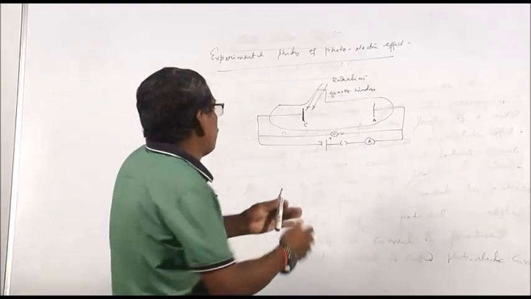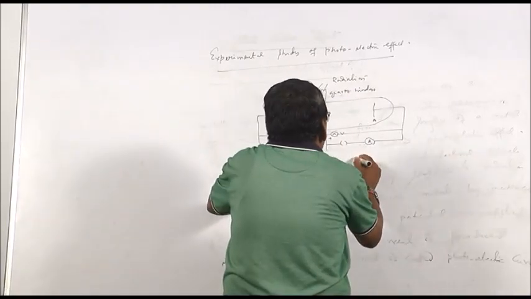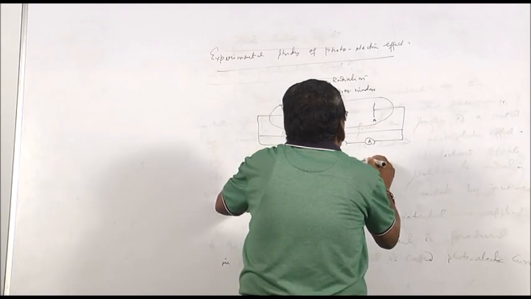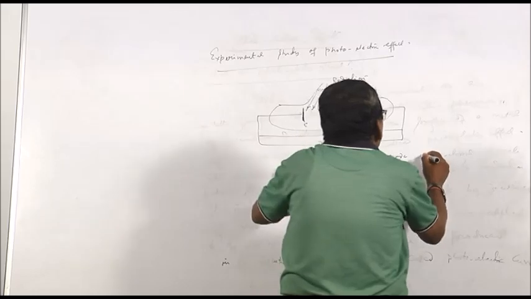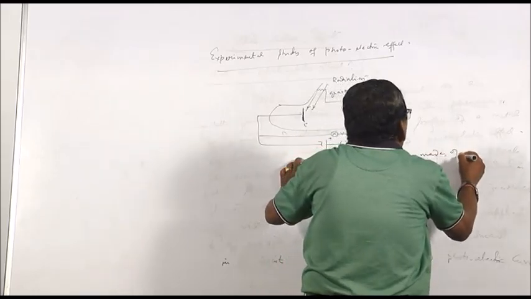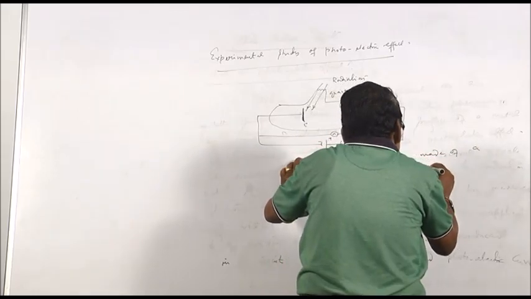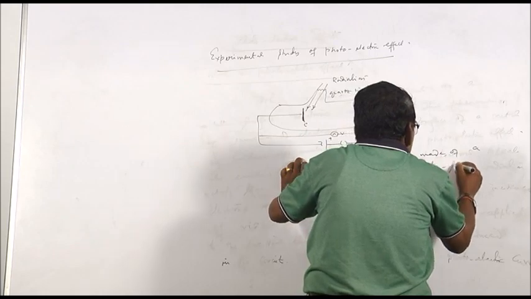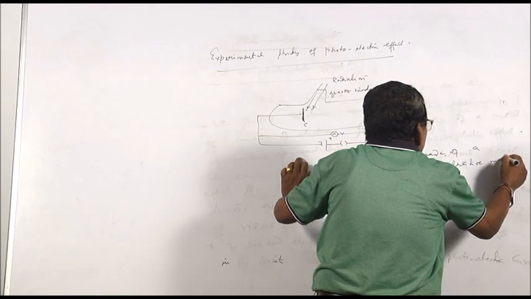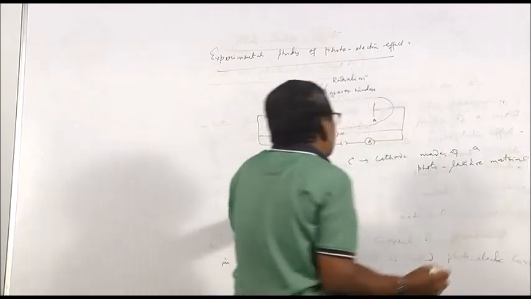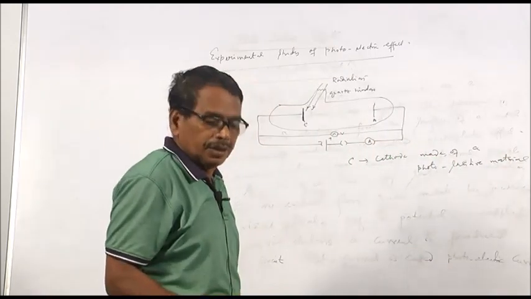So, C is the cathode, made of a photosensitive material.